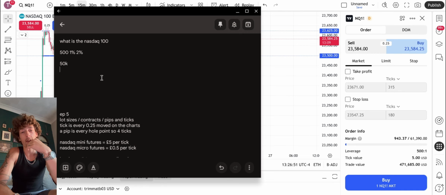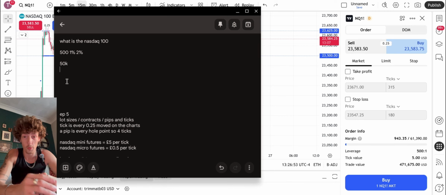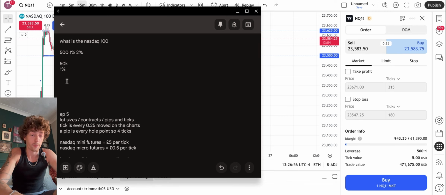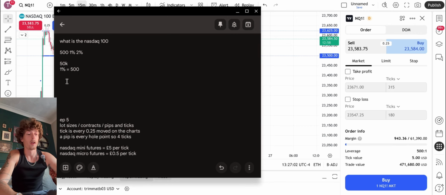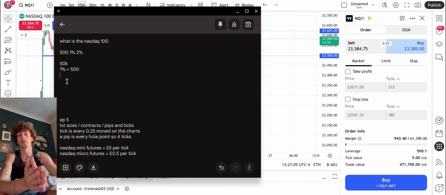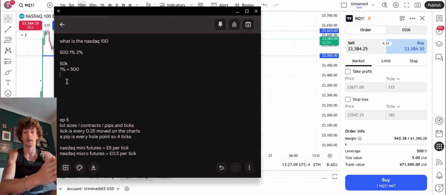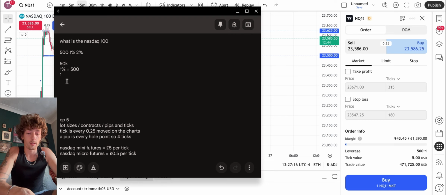But 50k account, right? Risk 1%. That's £500, right? 1% equals 500, right? Now, you'll hear a lot of people talk about risk to reward, right? RR. If you want to catch a 1 to 3, what does that mean?